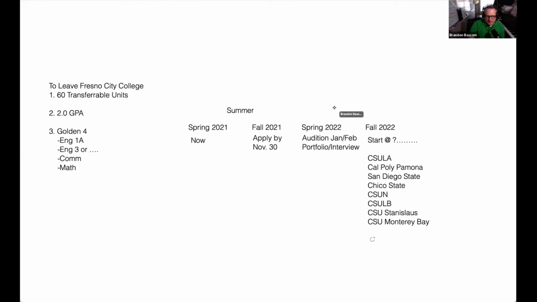But you cannot take a summer 22 class and have it count towards you going somewhere in the fall. They will not accept it. Everything has to be done by the end of spring to count toward you starting in fall.